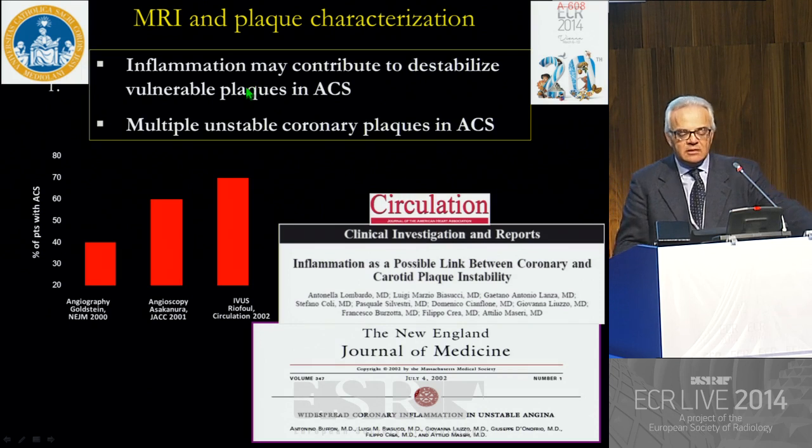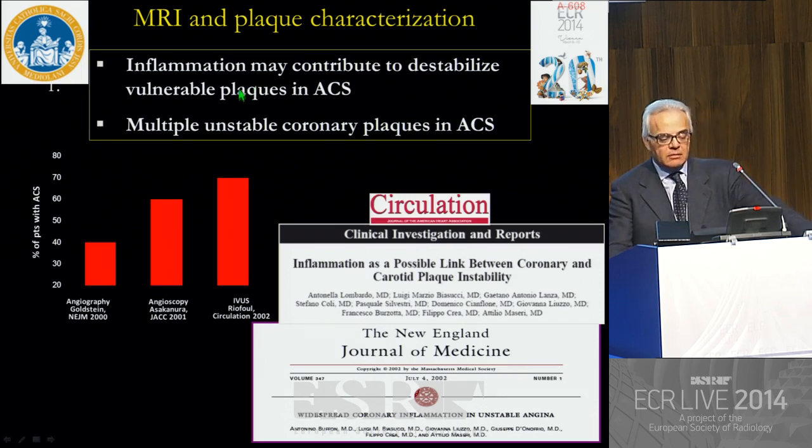It is well known that systemic inflammation may contribute to destabilize the vulnerable plaque, intended as lipid-rich plaques with thin fibrous cap. And it is also well known that multiple unstable coronary plaques are present in acute coronary syndrome. One is the culprit lesion, but the presence of multiple vulnerable plaques has been assessed.